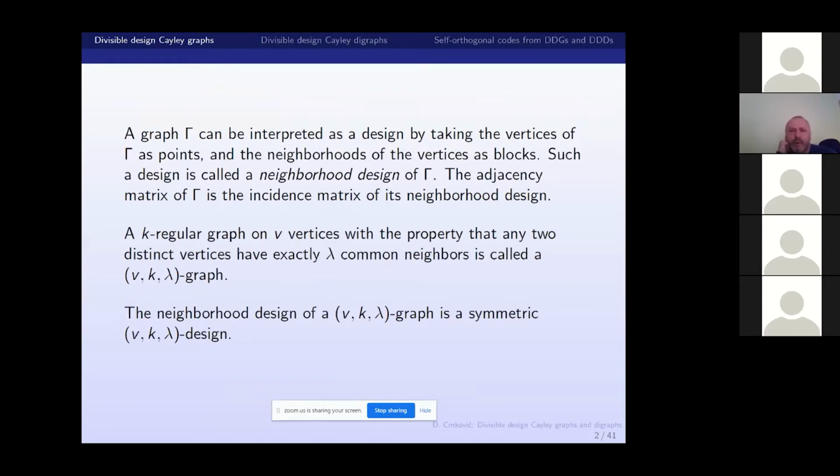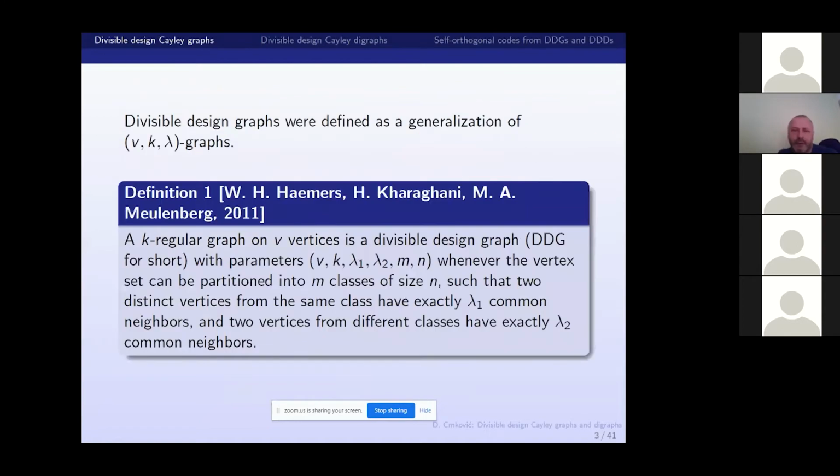First of all, I will mention this definition from the paper from 2011 by Haemers, Kharaghani and Meulenberg, Willem's student, as I know. This is the definition of a divisible design graph, which is a generalization of a (v, k, lambda) graph.